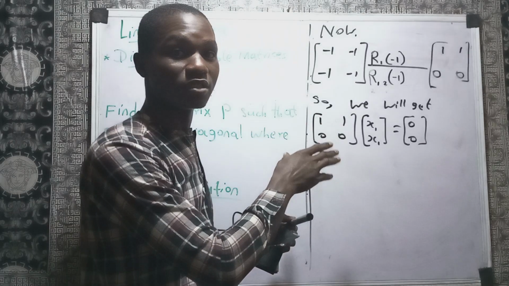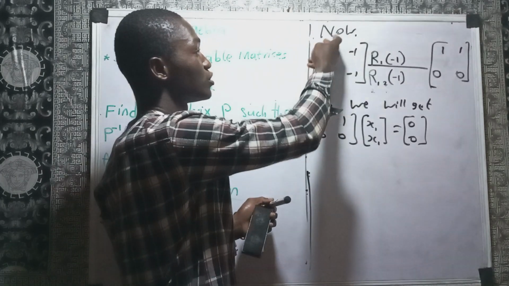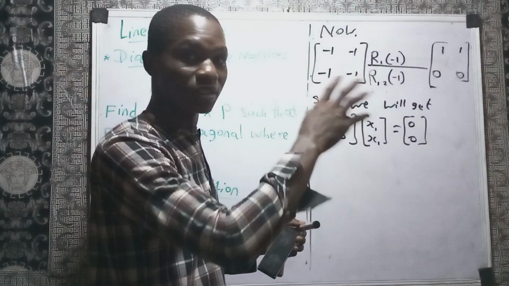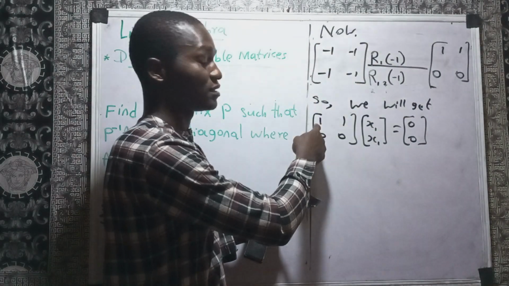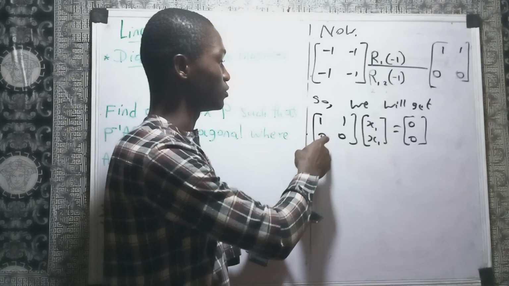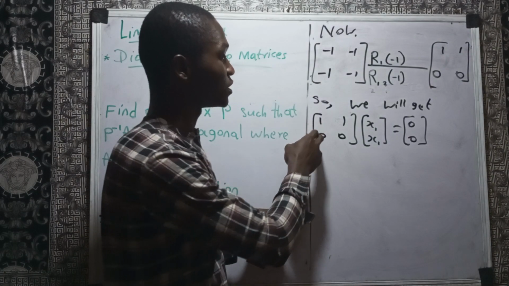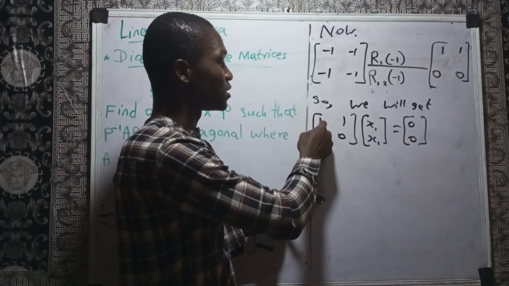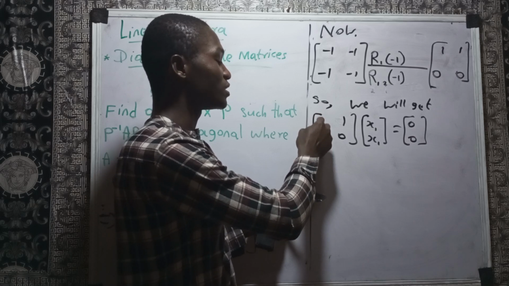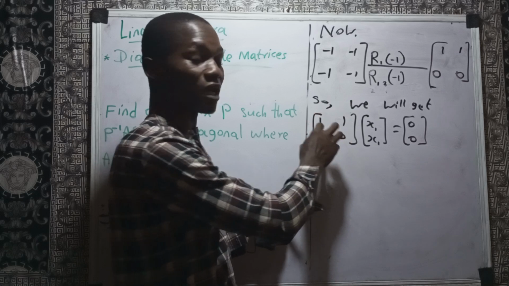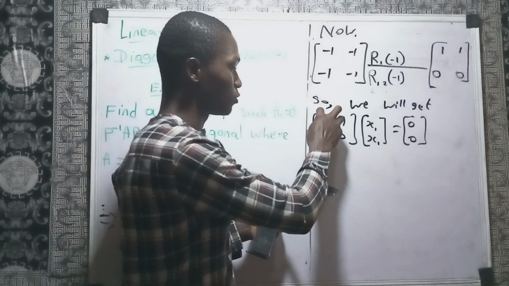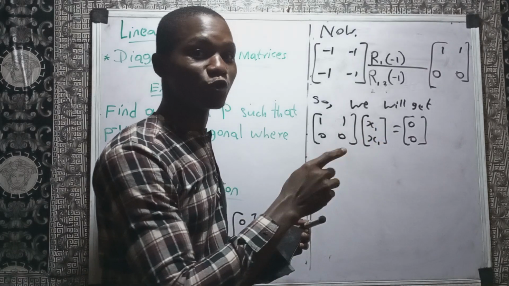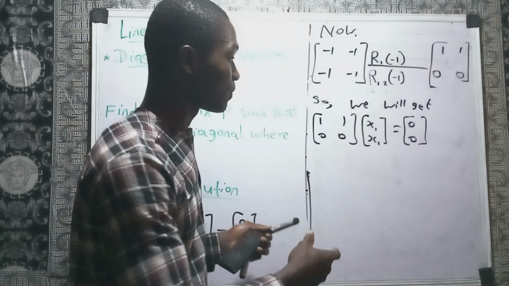Before the operation it was -1, but after performing the operation, the leading entry is now +1 in this new transformed matrix. Which column is this +1 located in? Column 1.